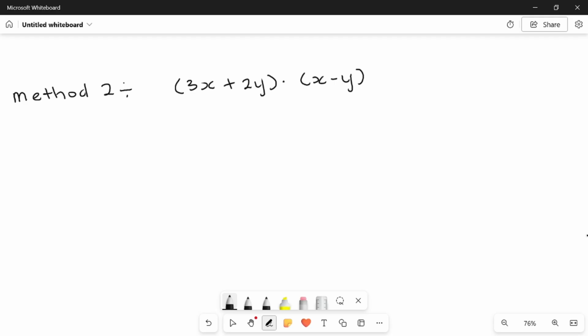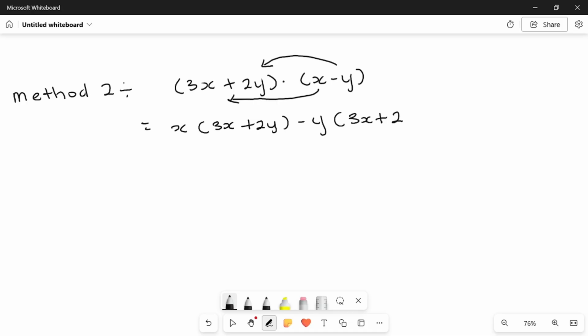So with this method, you can simply rewrite it like this. x will multiply everything here, so it's now x into 3x plus 2y, and minus y will multiply everything here too. So it's now minus y into 3x plus 2y.